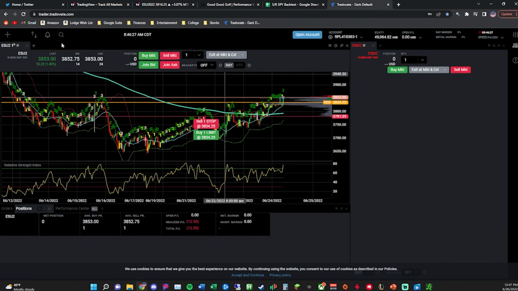And so, as you saw, big buy market, sell market. If you want to wait for price to come to you, you can join the bid or join the ask. And then up here next to the name, you can sort your tickers by color if that's your forte.